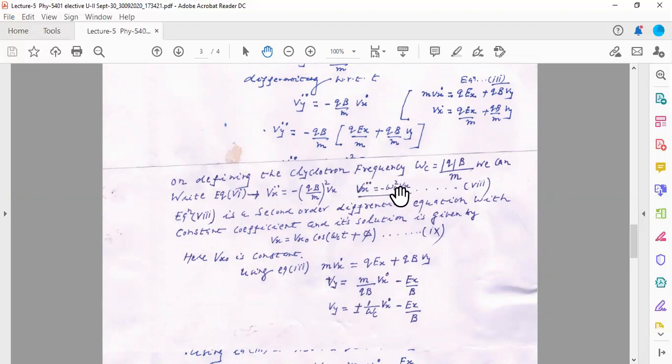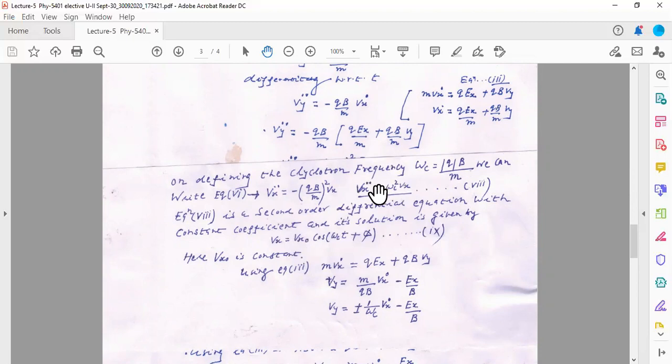And this is a very famous differential equation. This is a second order differential equation with a constant coefficient, which you are familiar with, and its solution is of this type. We also used this second order differential equation when we considered a uniform magnetic field, and we derived the same expression in this condition.